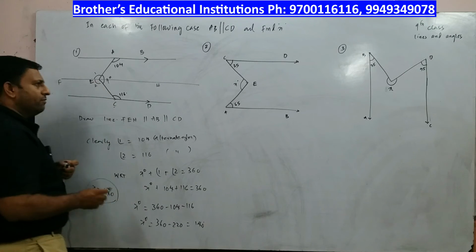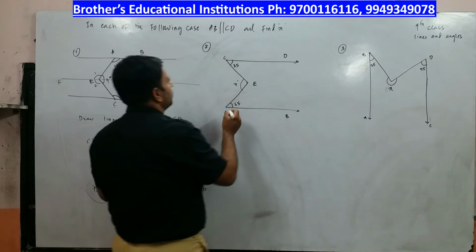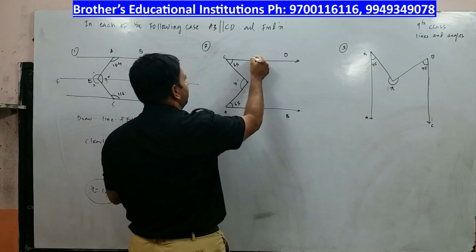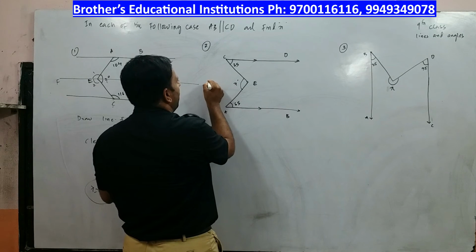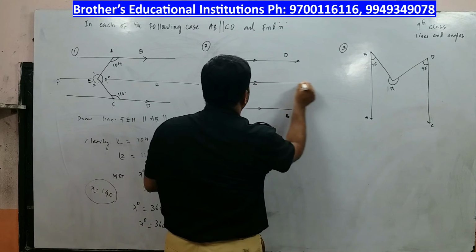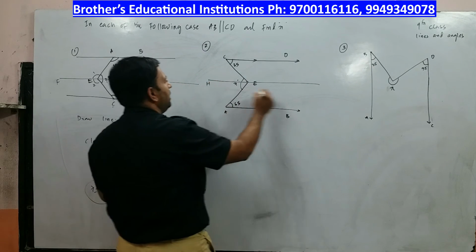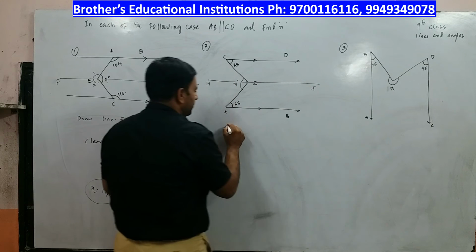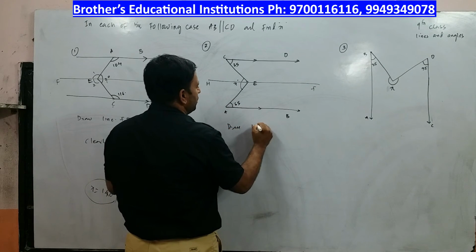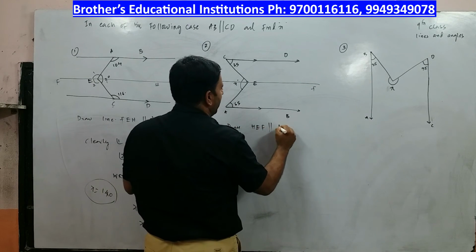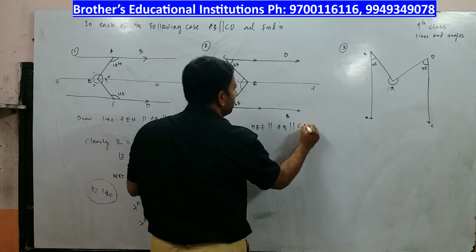Right? I am sure you are clear with this. In the next case also, AB is parallel to CD. Let me draw a line passing through E, and let me call this HEF. Draw HEF parallel to AB, which is in turn parallel to CD.